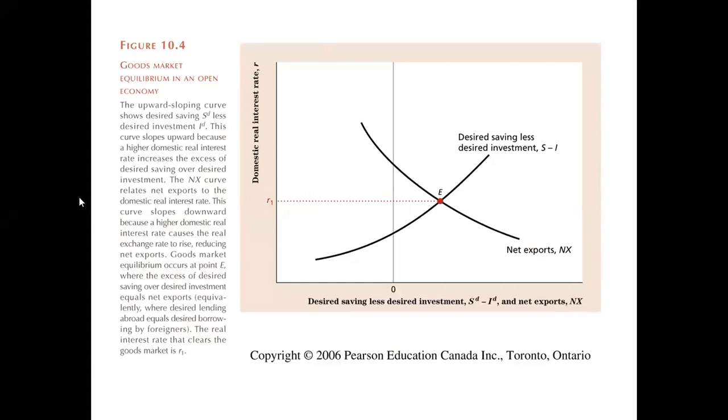As the domestic real interest rate goes higher, our capability of using one unit of currency to buy goods, or to exchange one local good for foreign goods, also rises. Meaning, we can buy more goods if we have a higher interest rate.